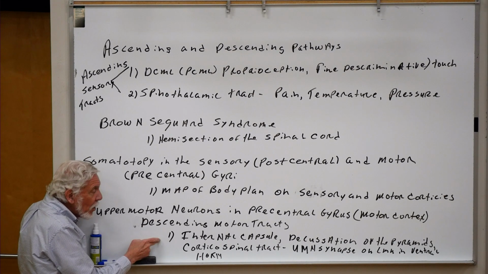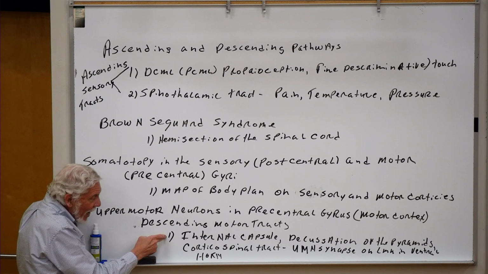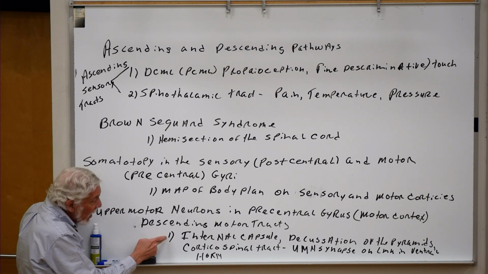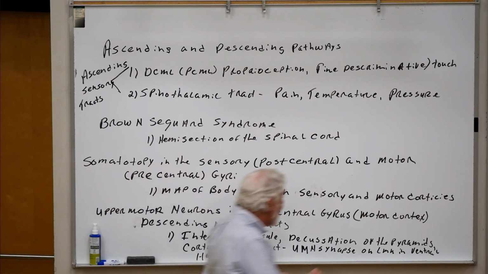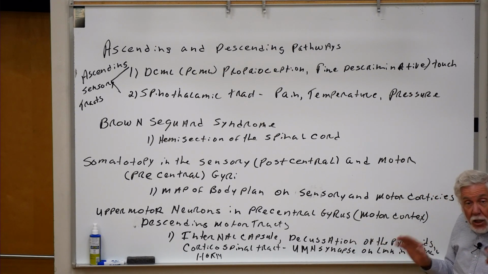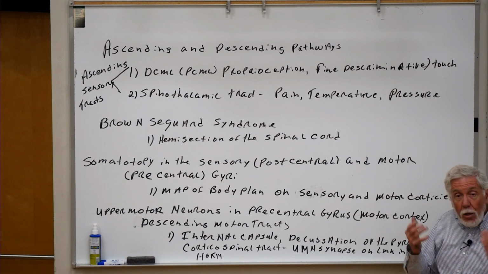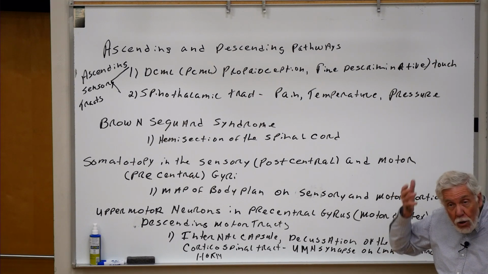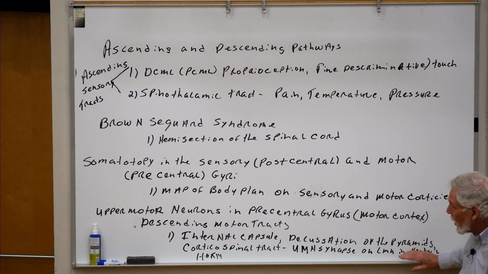The descending pathway goes from the motor cortex, the axons or conductor regions in the internal capsule, then crossing over the midline in a region called the decussation of the pyramids. Just as the sensory information crossed over on the way up, the motor information also crosses over on the way down, at the decussation of the pyramids.